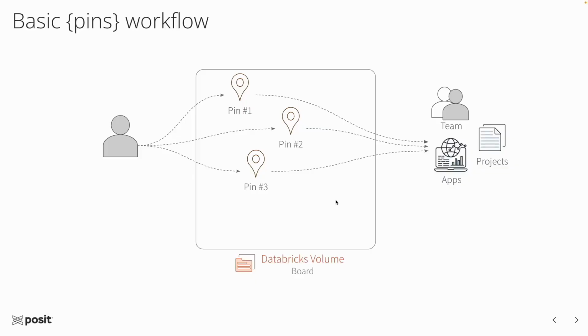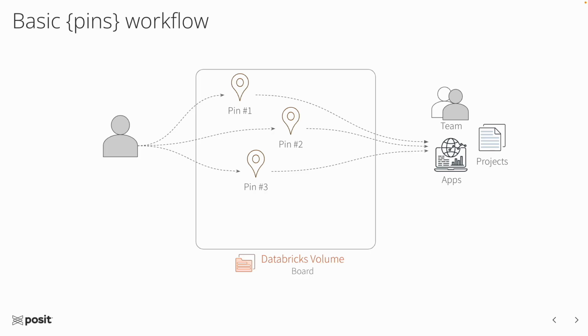Let me go back here. Okay, so this diagram reasserts what I mentioned earlier about how we can create a pin or several pins, put them in a board, in this case a Databricks volume, that then can be used by projects or teams or even apps.